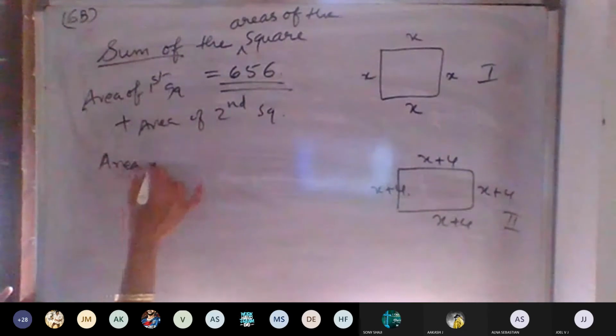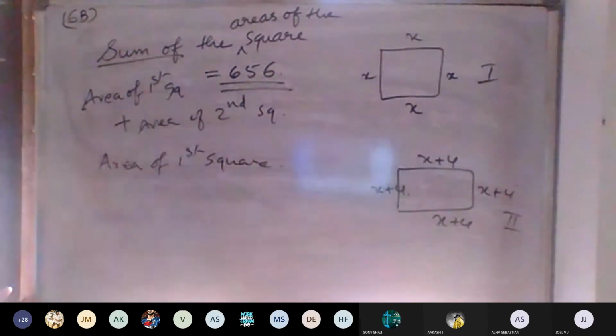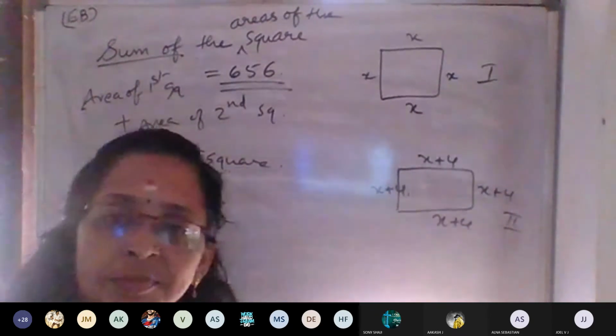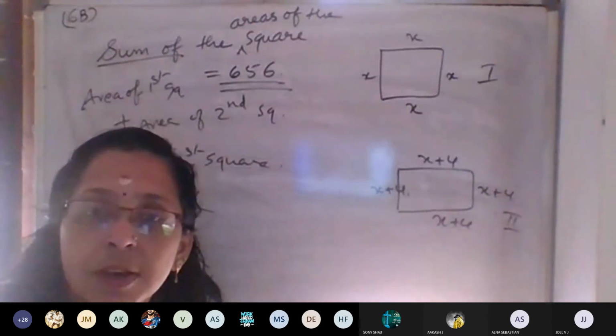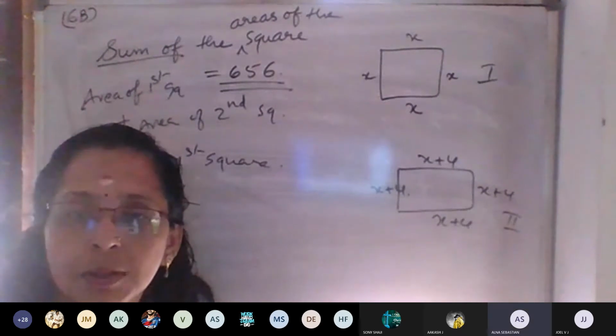So what is the area of the first square? Side is given as x. What will be the area of the first square? Area of a rectangle is length into breadth.